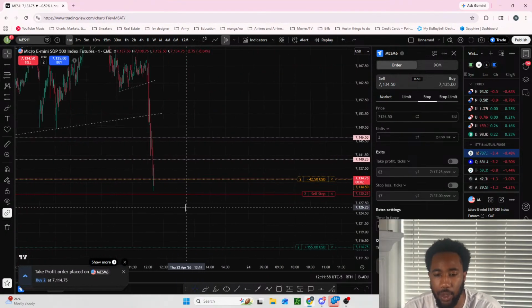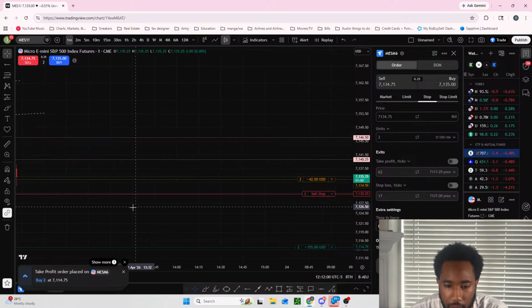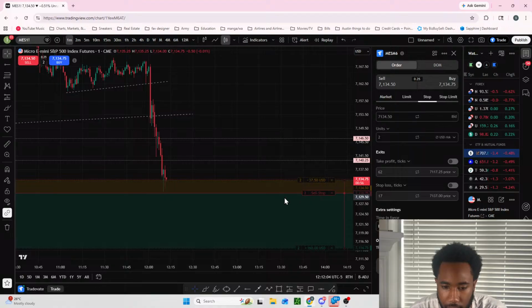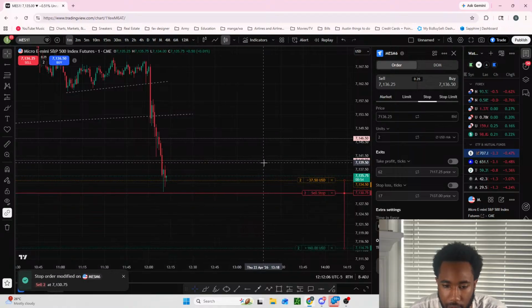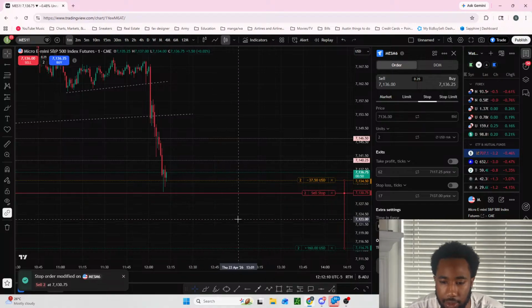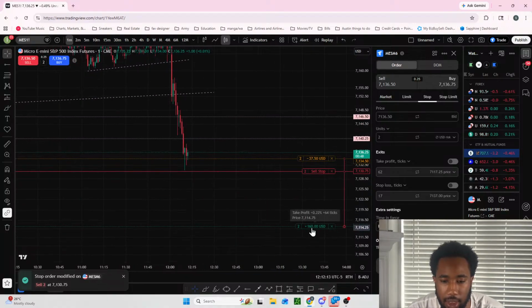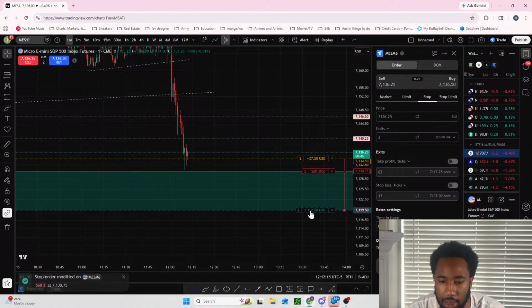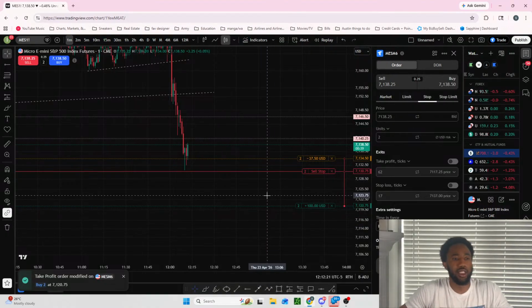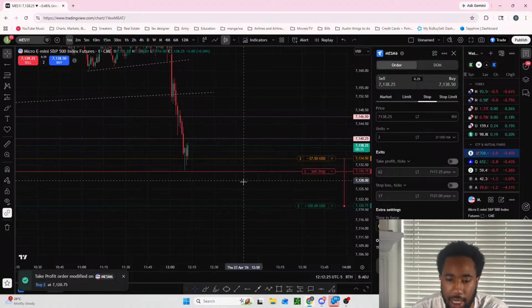If it keeps that momentum up, if it wants to break through that low it just made... I'm not just going to jump into the market. I want price to do a Derrick Henry.